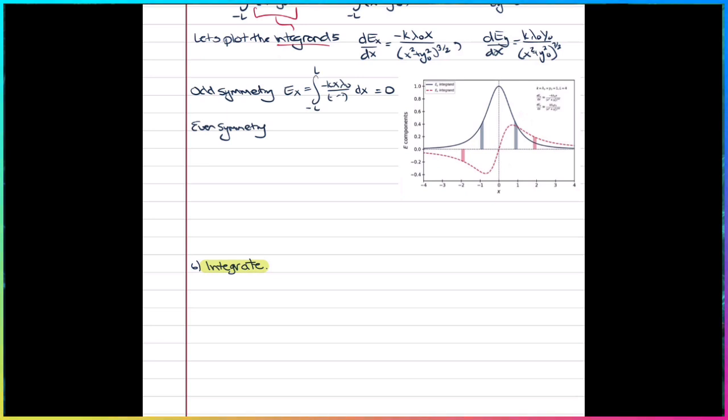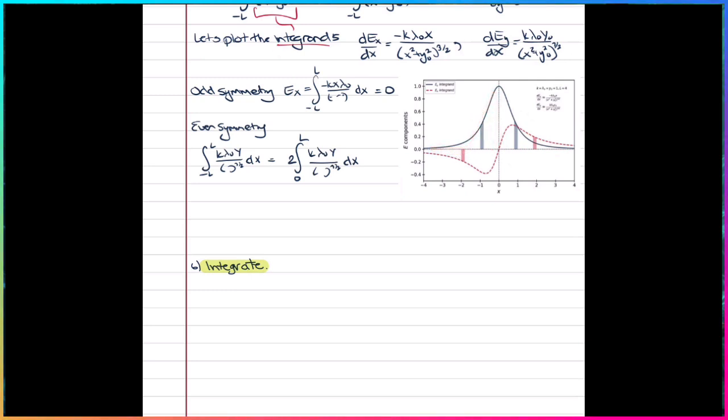But the integral from negative L to L of k lambda naught y over (x squared plus y squared) to the 3/2 dx is the same thing as the same integral, k lambda naught y over that to the 3/2 dx, but multiplied by 2, and then I only have to go from 0 to L. Because I could figure out the area under this part only, and this part is just going to be the same.